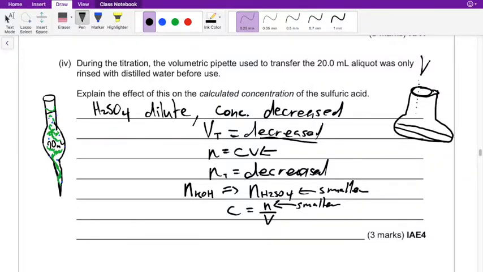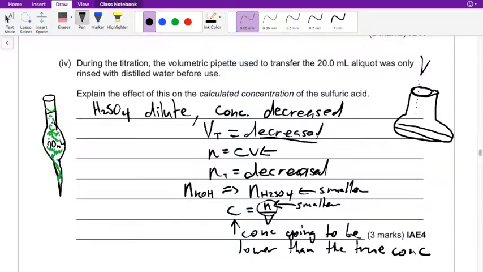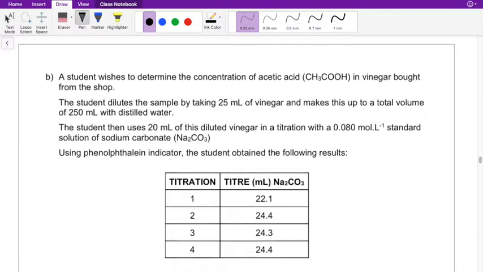If that's smaller, then our concentration is also going to be smaller, or lower than the true concentration. So the calculated concentration is going to be lower than the true concentration.